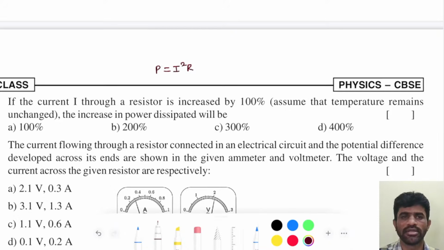Because we want the relation, the current I through the resistor is increased, so we have to take the current into consideration, and R is unchanged.